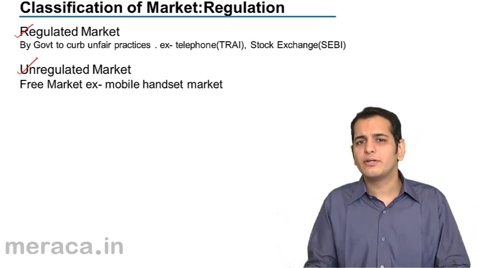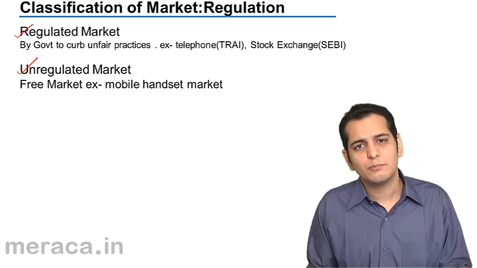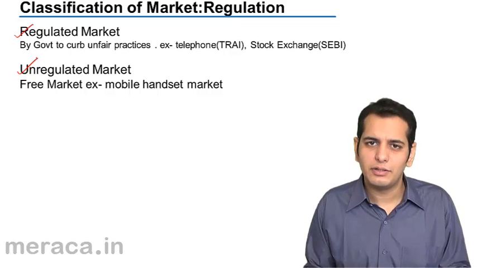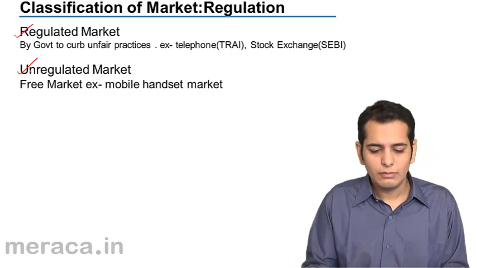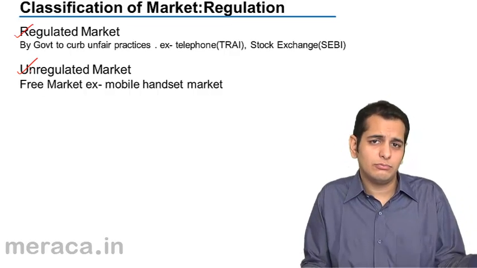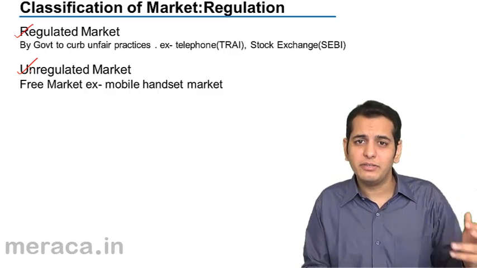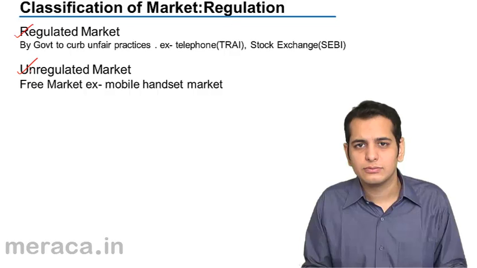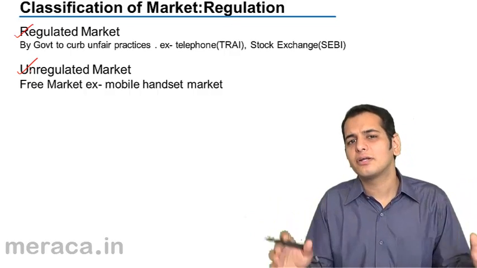There are no rules and regulations for those markets. So such markets are unregulated markets. Even for electronics, you do not have any regulated market. You do not have any regulatory body setting regulations for TVs or mobile handsets or maybe music systems. So these are unregulated markets.